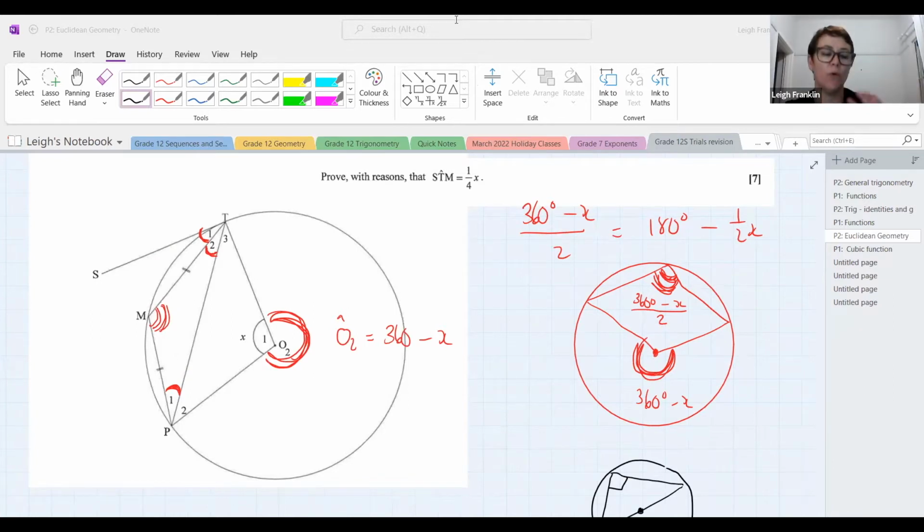So now that we've had all these discussions, let's try and put something down onto paper, because remember, we've got to prove that T1 is 1/4 of X. What is Kanyisile saying? That 180 minus 1/2 X plus P1 plus, you mean T2?